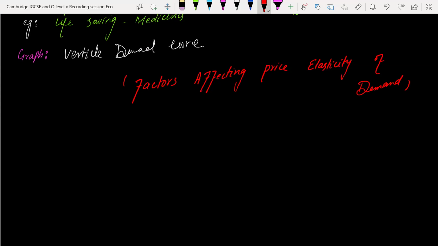So the first one is availability of substitutes. What's the meaning of this one?